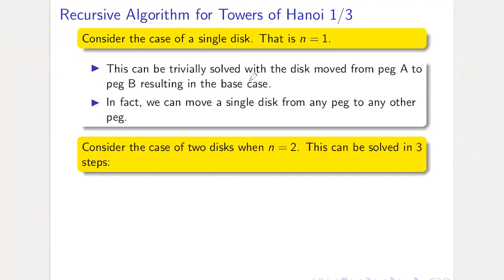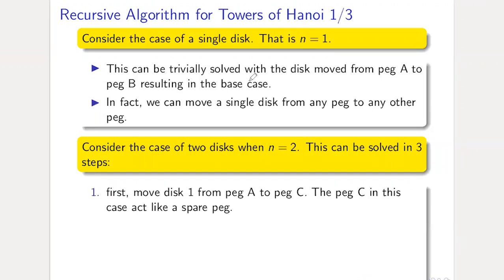Let's consider the 2 disk scenario. Now we have 2 disks labeled 1 and 2. How can we solve this? We have the smallest disk on top and the larger disk on the bottom. First we can move disk 1 from peg A to peg C. Peg C is like a spare peg, a temporary holding peg.